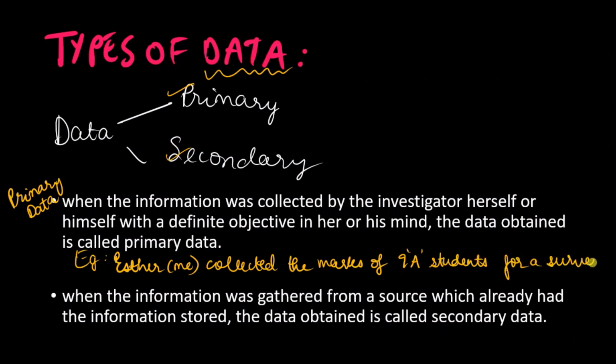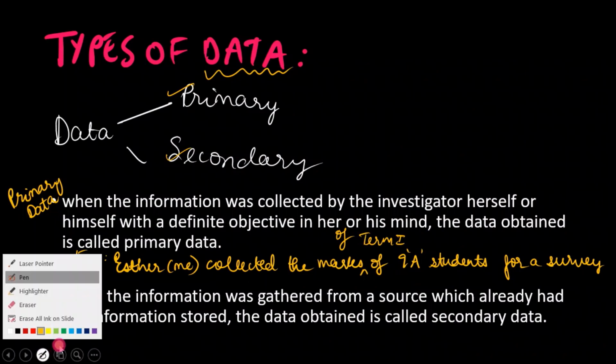Now when I'm doing this task on my own, I'm not using any source to collect the marks. In fact, I'm going to each student of 9A and asking, what are the marks that you scored, let's say in term 1. I'm going and collecting it for a survey, for my own purpose, with this definite objective. This is an example of primary data.